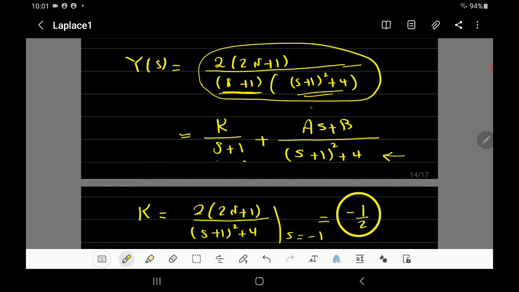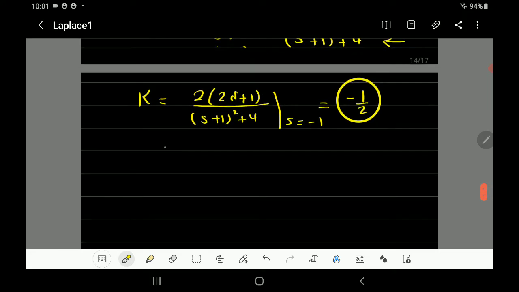How can we find a and b? You get the common denominator, simplify the expression, then compare it with the numerator here. So let's do that.